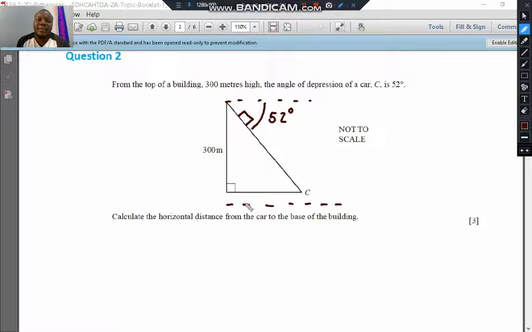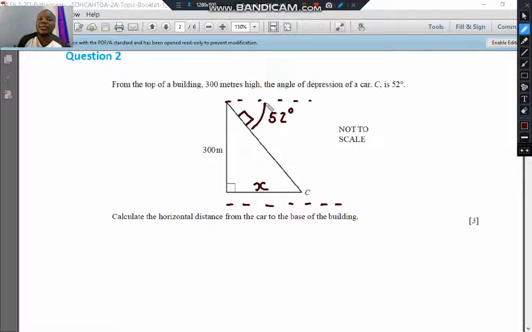Now, they want us to calculate this distance from here to there. And then they've given us that this car is moving with a depression of 52 degrees. Now, the question is, how does this help us find this distance? In fact, let me just call this distance here X.